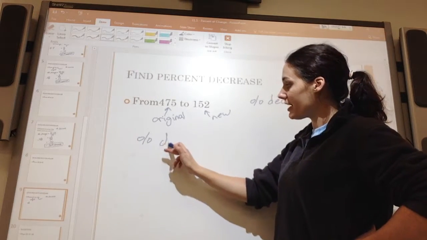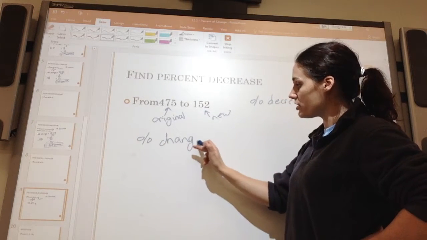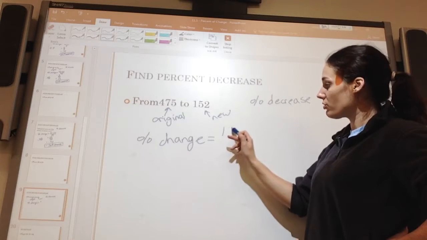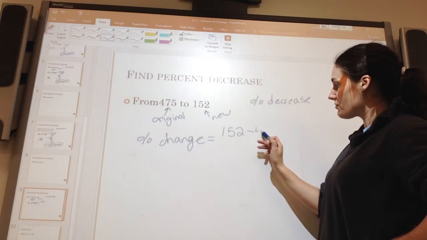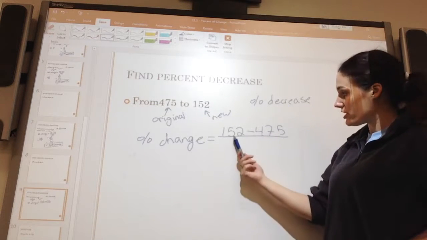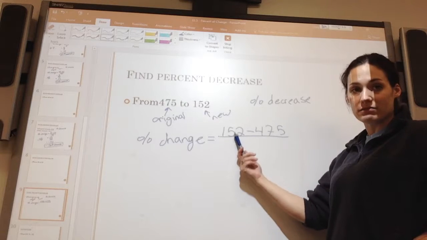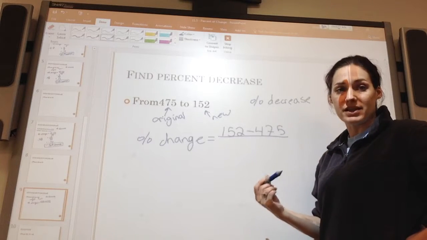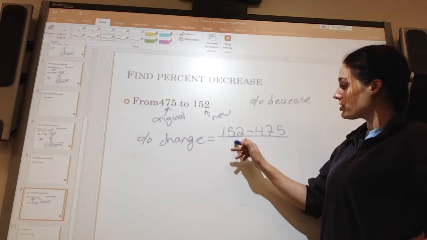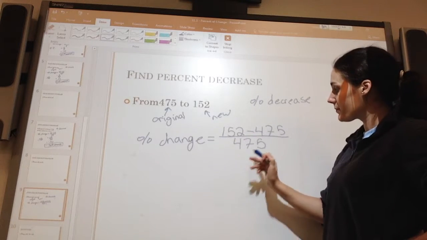And the percent at which it decreases is going to be new minus original. So 152 minus 475. And again, we thought it was a decrease, so it would make sense that we're subtracting the bigger one because it is going to be in the negatives. That's the decrease part. And we're going to divide by the original, which is 475.